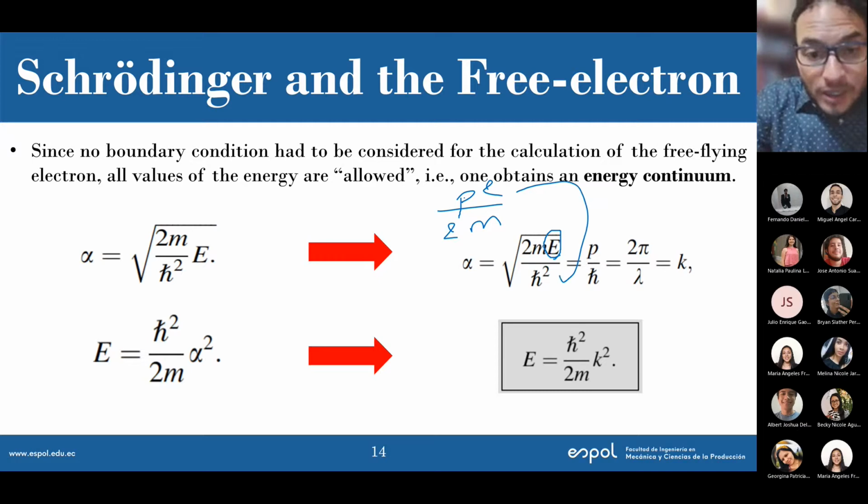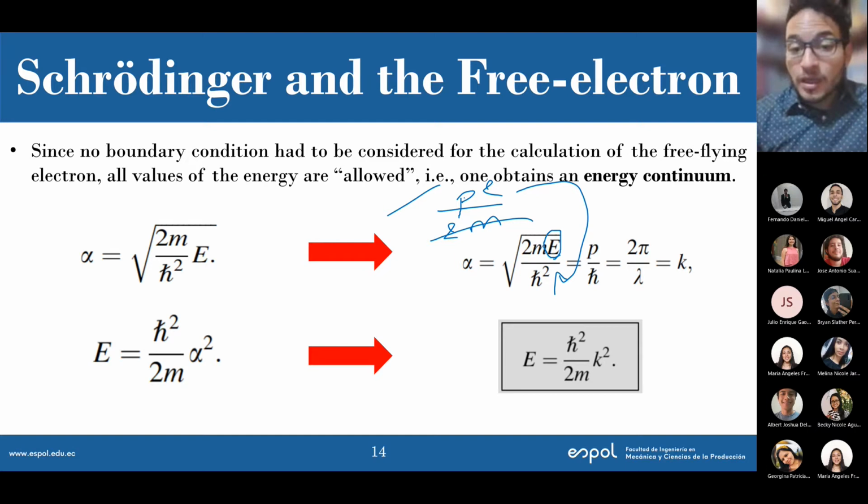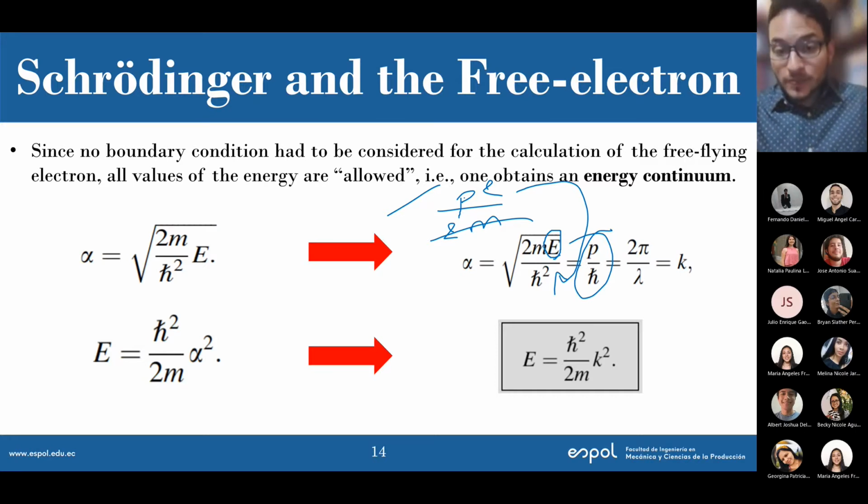The 2 mass with 2 mass cancel, and I just end up with momentum squared divided by the Planck's constant squared. Square root of that, I end up with momentum divided by the Planck's constant. Do you all follow until there?